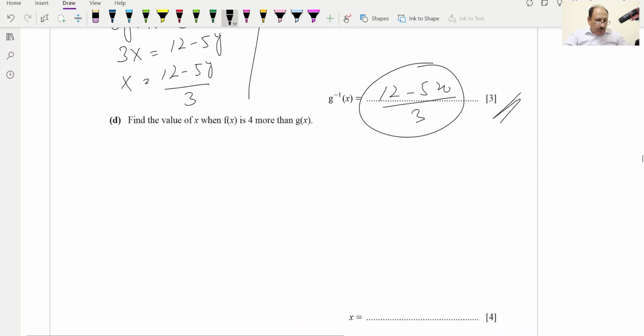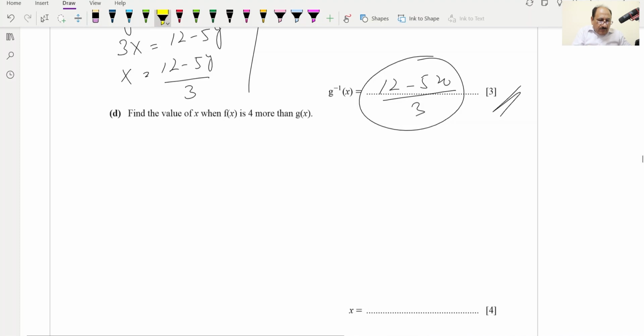Now part D: find the value of x when f of x is 4 more than g of x. For 4 more than g of x, we can write the equation: f of x is 4 more, so we can reduce f of x by 4 to get g of x.